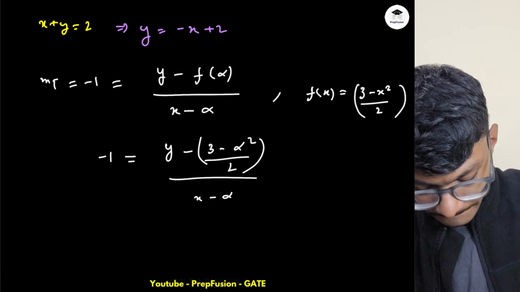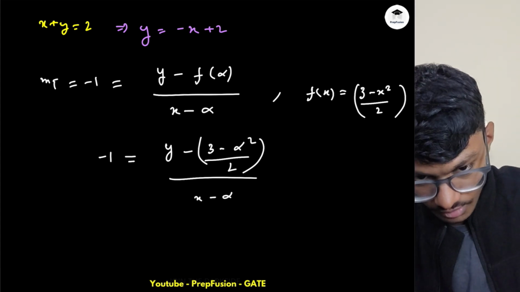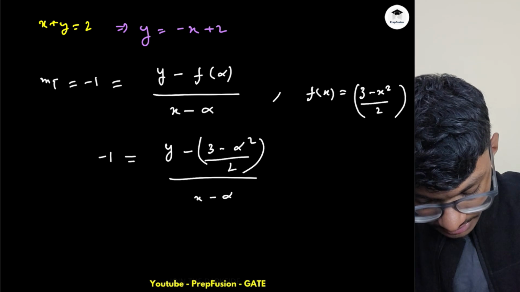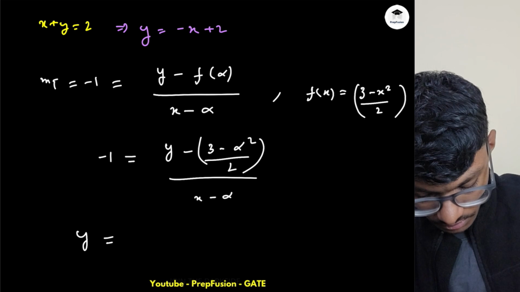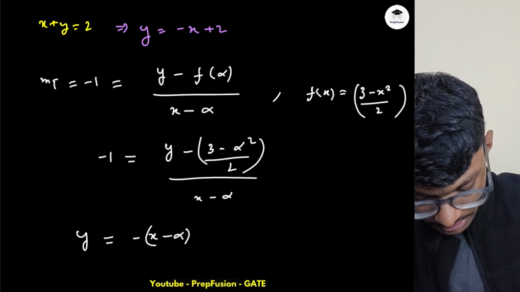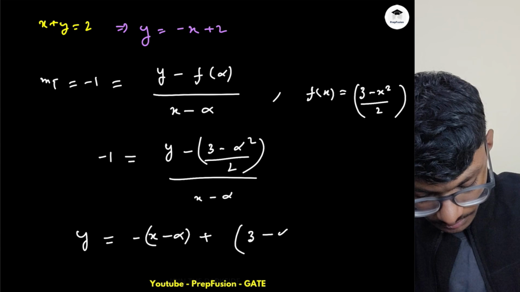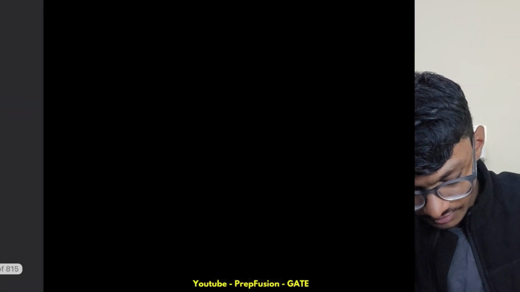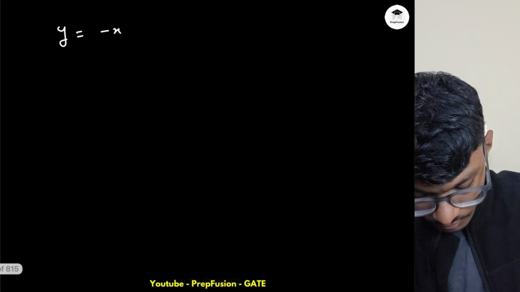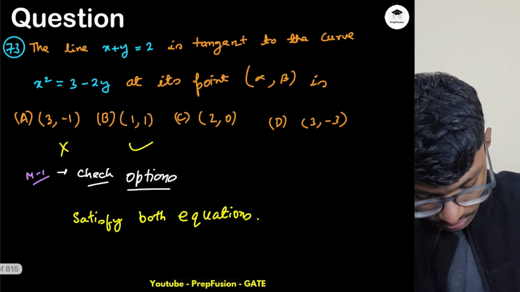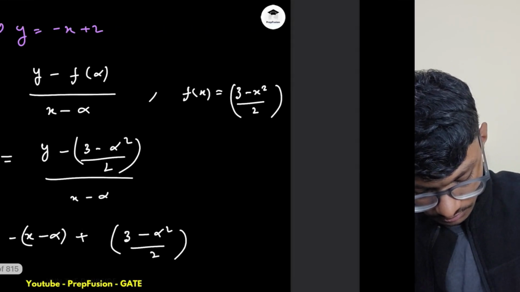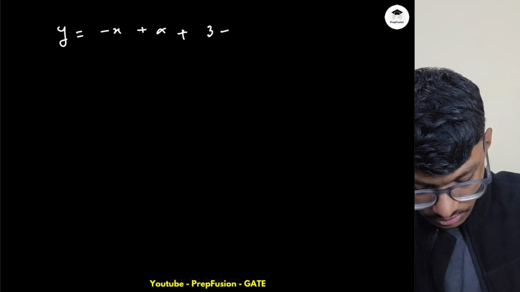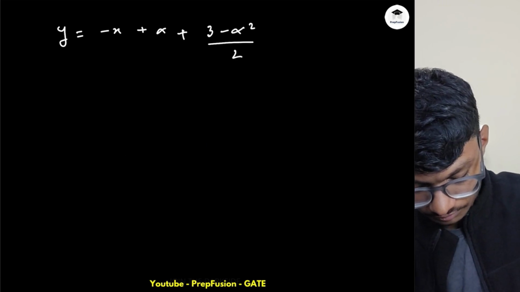So here I can write this like this: y equals minus of x minus alpha plus 3 minus alpha square divided by 2. Now I can further rearrange this. y equals minus x plus alpha plus 3 minus alpha square divided by 2.